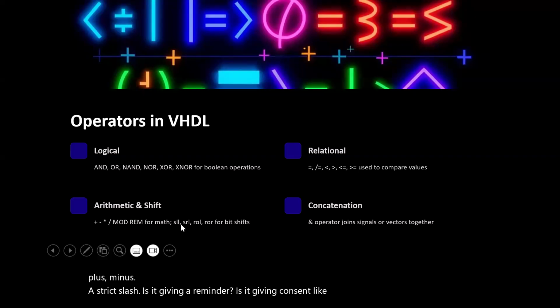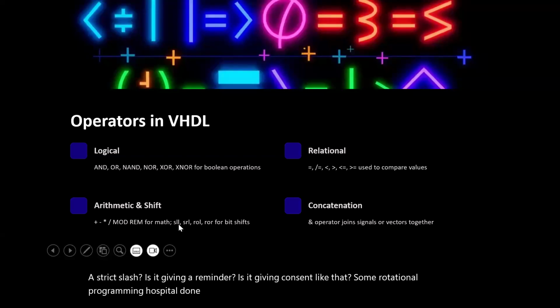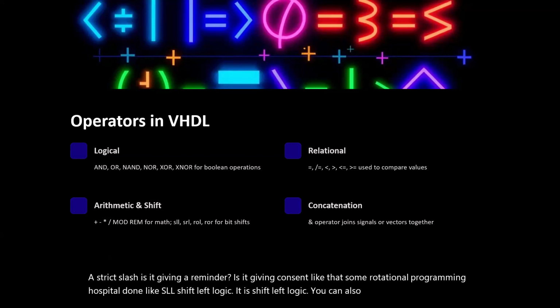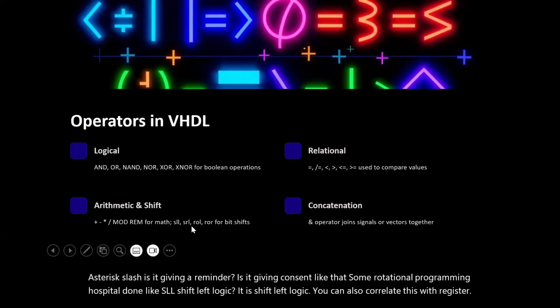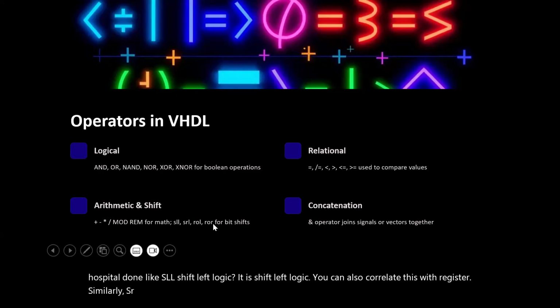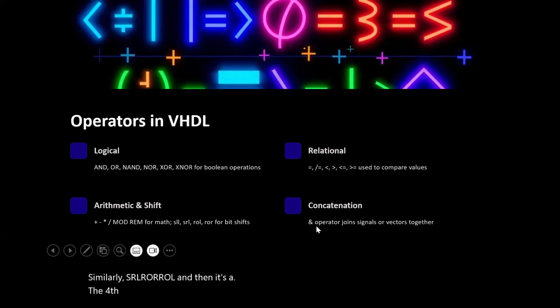Some rotational programming is also done, like SLL, shift left logic. You can also correlate this with a register. Similarly, SRL, ROR, ROL, and then the fourth, concatenation. Basically, this operation is used to join bits of different sizes.